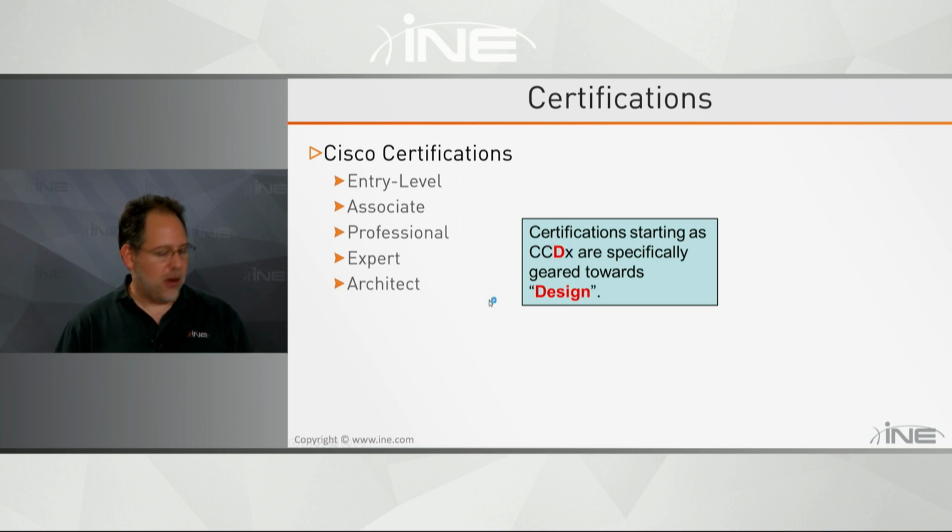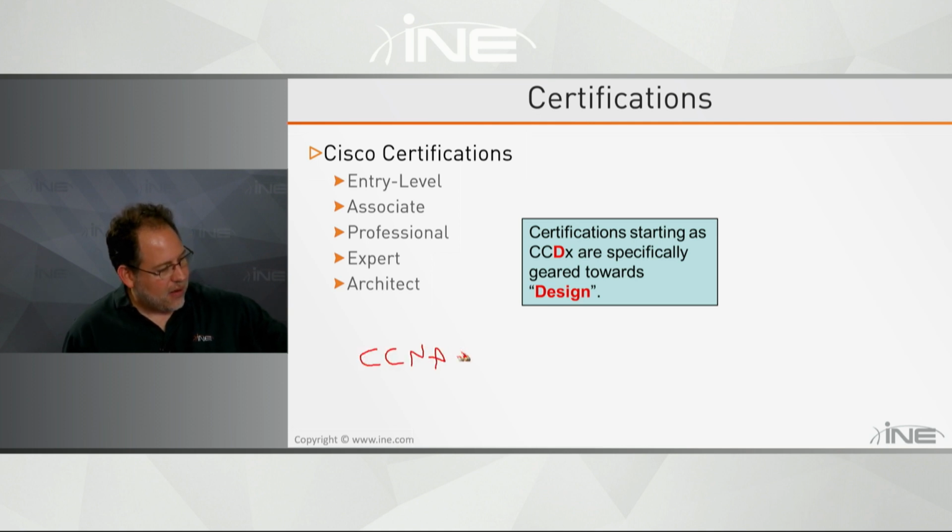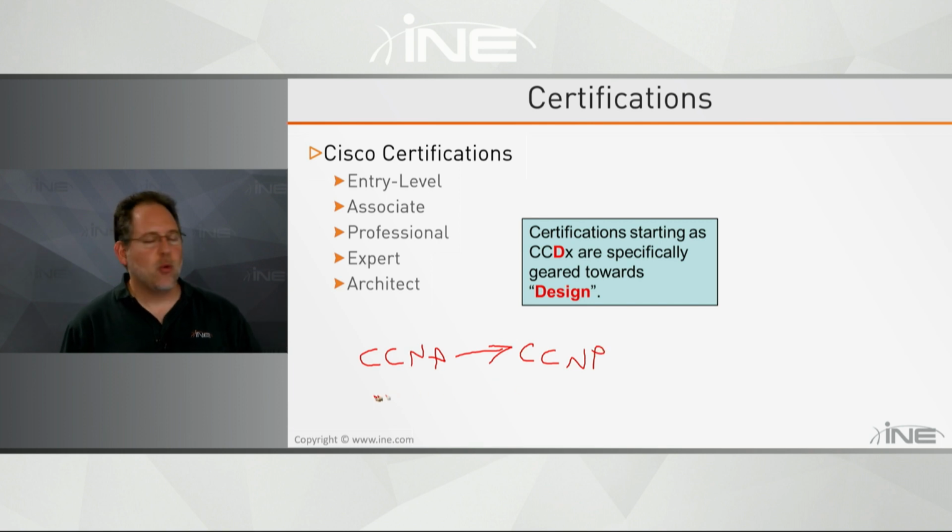I would recommend, though, that even if you're interested in design, because remember, you are not going to get an entry-level position that has you designing networks. It's not going to happen. No one's going to hire you for that right off the bat. That requires years of experience. So before you do your CCDA, I would recommend you do a CCNA followed by a CCNP. You really have to learn the features, the protocols, how they work.